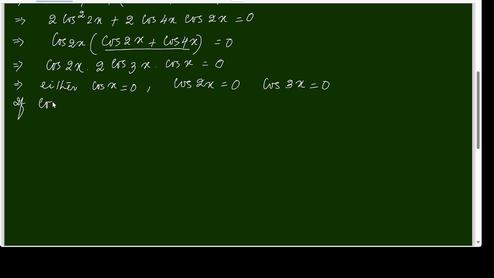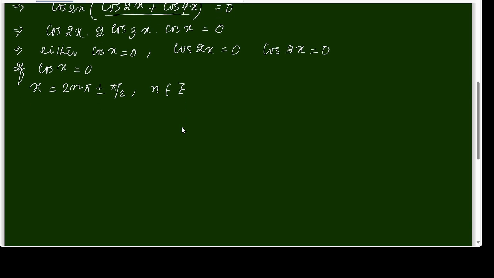If cos x equals 0, then x equals 2n pi plus minus pi by 2, where n is an integer. If cos 2x equals 0, 2x equals 2n pi plus minus pi by 2, or x equals n pi plus minus pi by 4, where n is an integer.